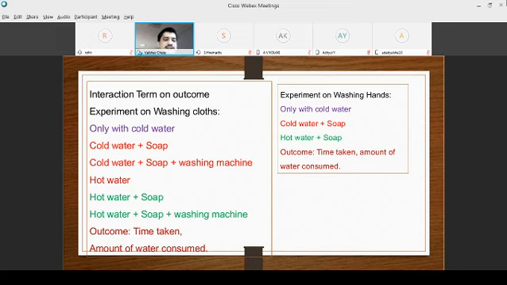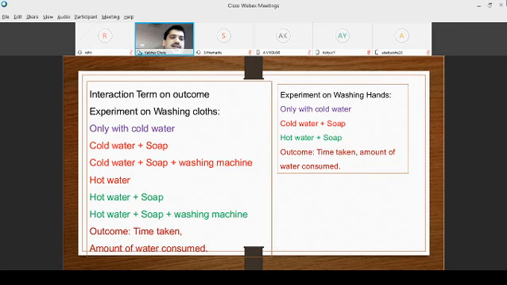The outcomes are the time taken, the amount of water consumed, the color of that particular clothes, as well as how much pollutant is removed by this washing process. So different methods will give you different outcomes.